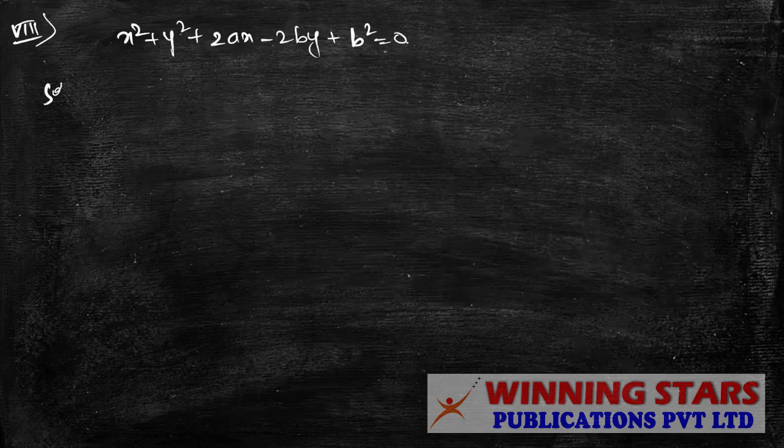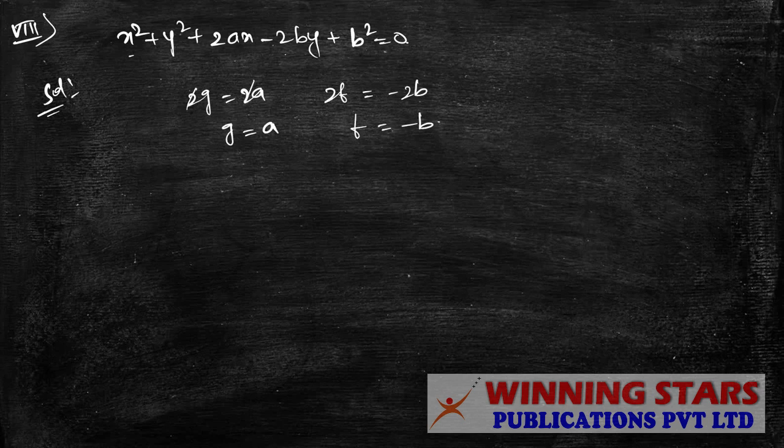Here solution: x square plus y square plus 2gx, here given 2g is equal to 2a, and 2f is equal to minus 2b. Here 2 will get cancelled, g is equal to a, and f is equal to minus b. So center, minus g comma minus f, is equal to minus a comma b.